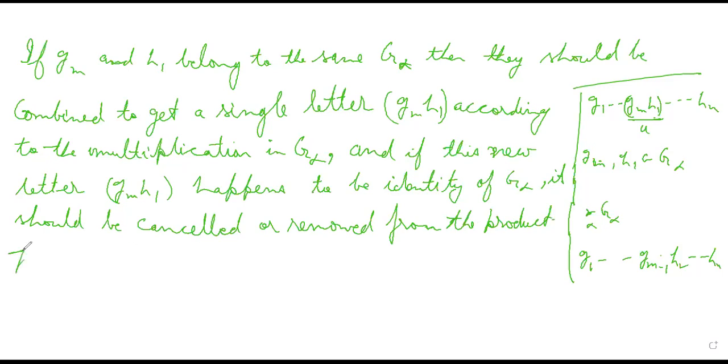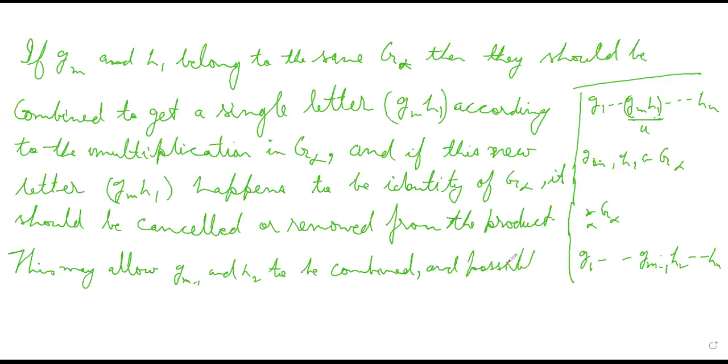So this may allow Gm minus 1 and H2 to be combined, and possibly cancelled too, if their product is identity.